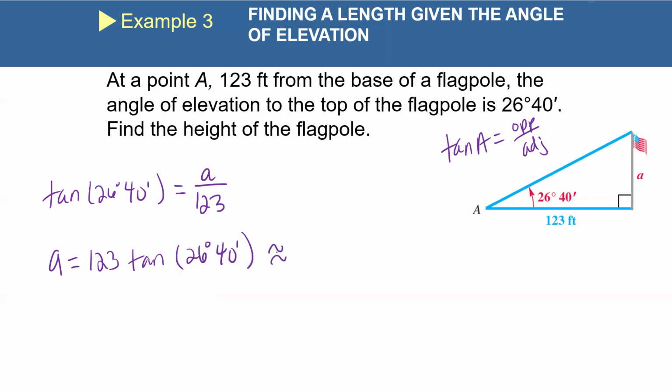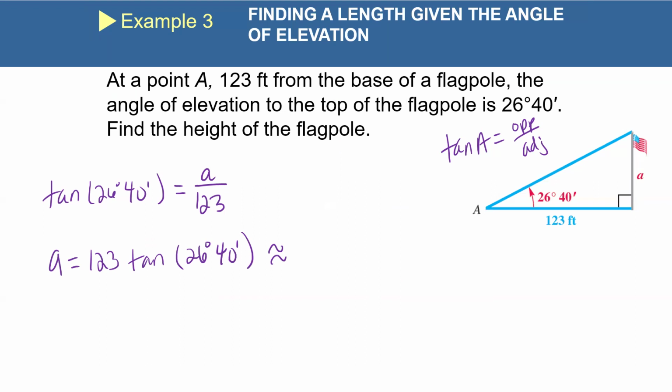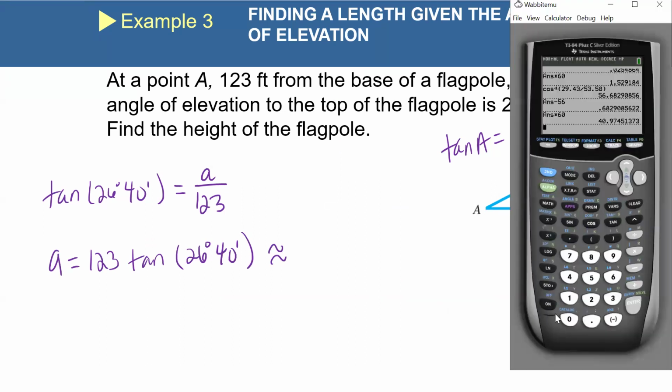Did you get a big number? All right, so I'm going to go to my handy dandy calculator. Ready to type 123 times the tan, 26 plus 40 divided by 60.